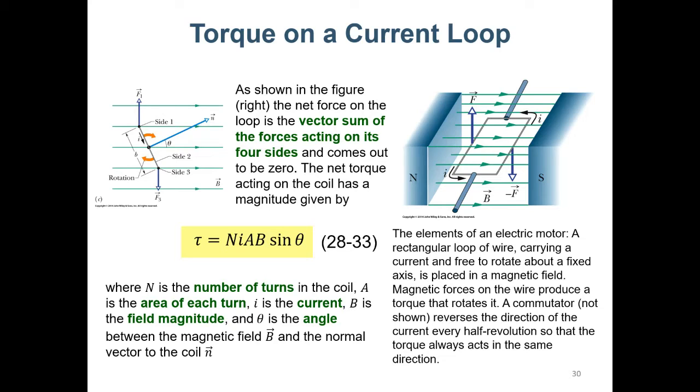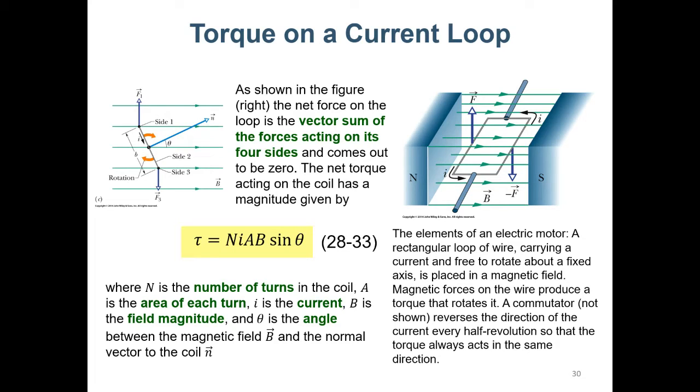The magnetic field lines between these two magnetic bars will be approximately uniform in this area. So there will be some force acting on this loop.